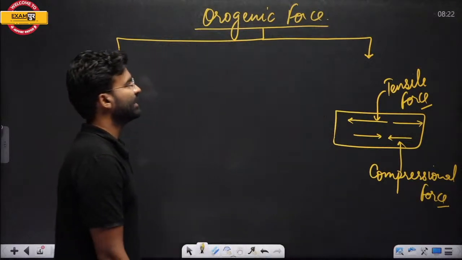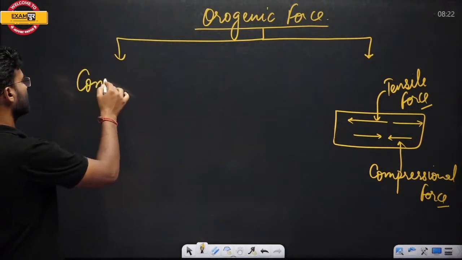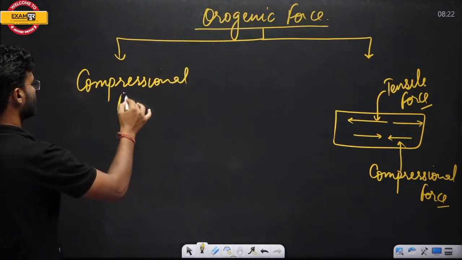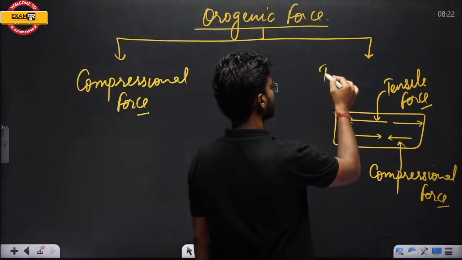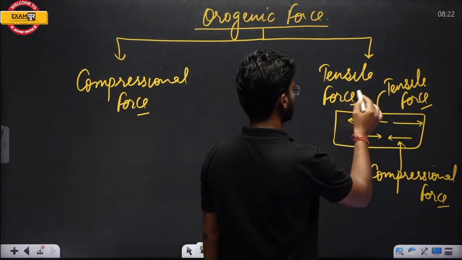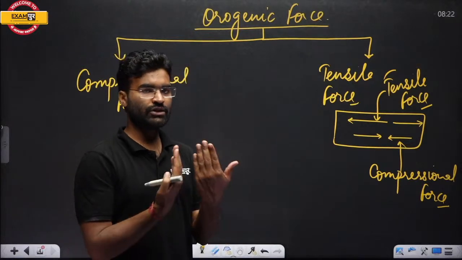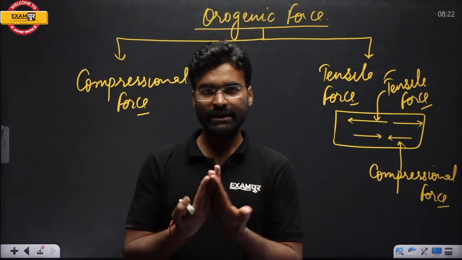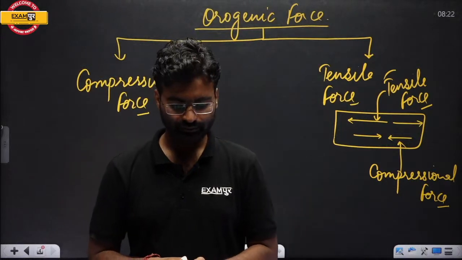So further, we can divide the orogenic forces into the compressional force and the tensile force. Compressional forces are the forces working horizontally in the same direction, and tensile forces are the forces working horizontally in the opposite direction.